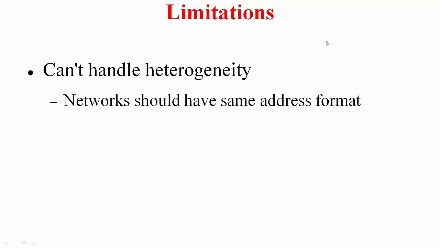If you look at a bridge, it's going to look at the source address to determine how to forward, and unless the networks it is interconnecting have the same address format, it cannot act on the source address. So when you're using Ethernet switches, typically these are used to connect Ethernet LANs alone. All in all, there are many limitations of using bridges to extend LANs.